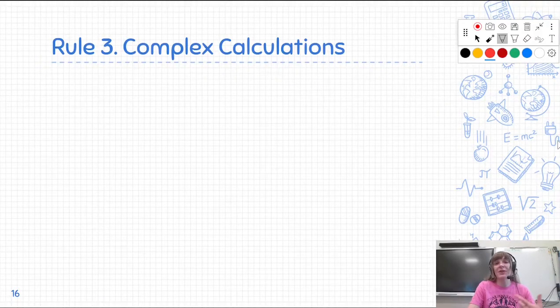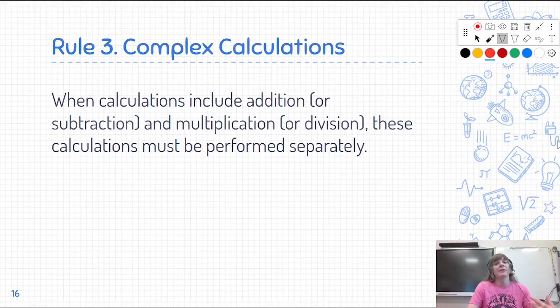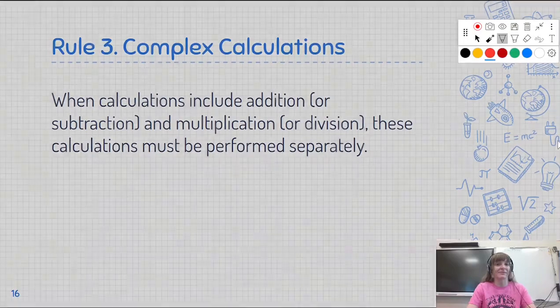Now, when it comes to more complex calculations, we need to figure out what rules come into play when. When calculations include addition or subtraction and multiplication or division, these calculations have to be performed separately.